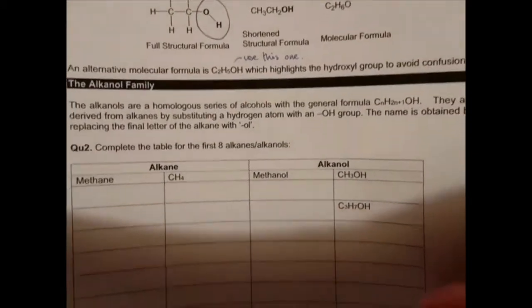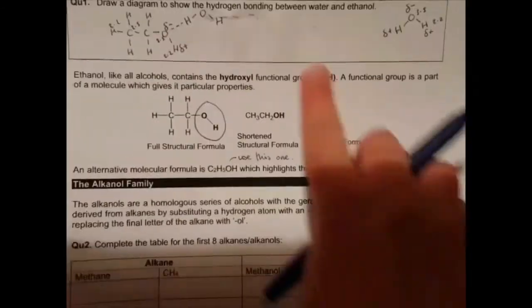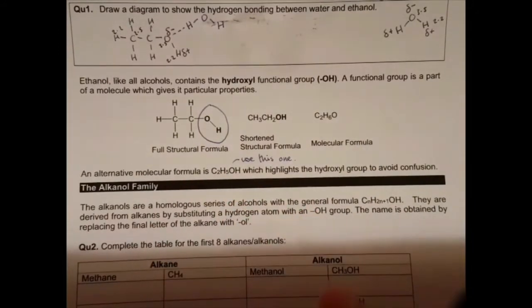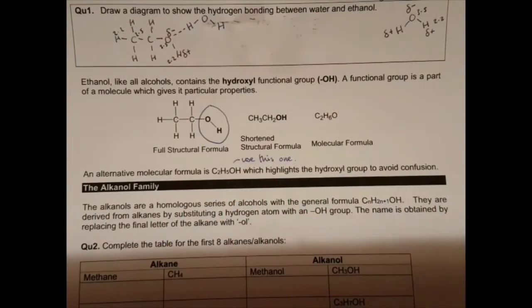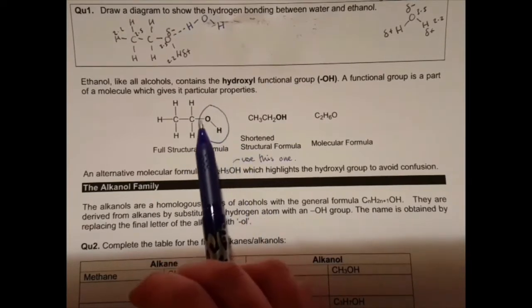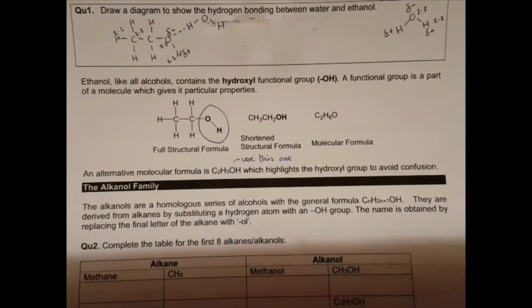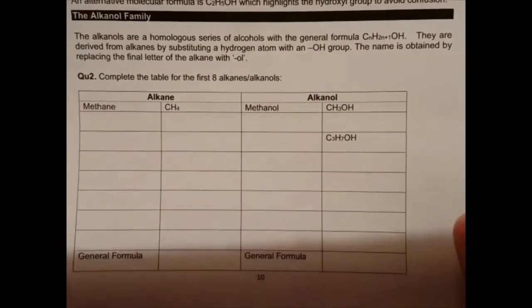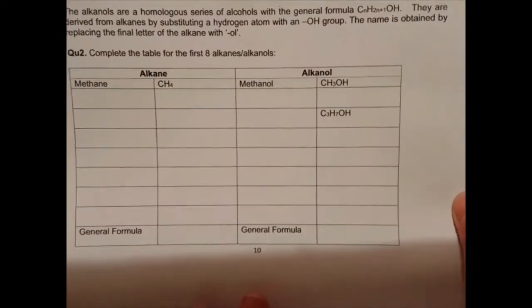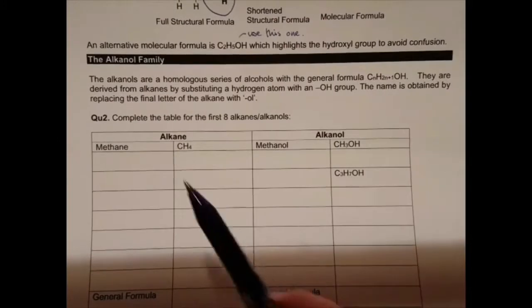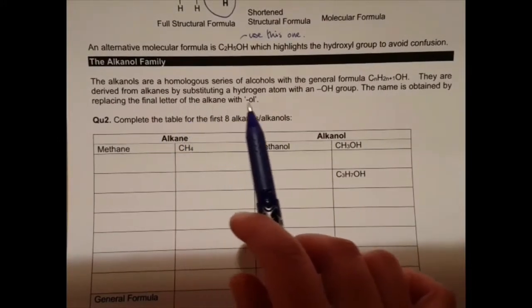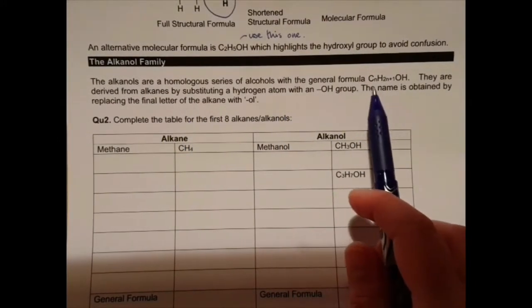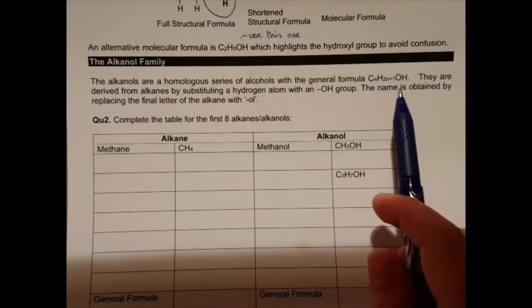Okay, so the next section of the notes, this first part is talking about common alcohols. In general, alcohols are quite a broad class of compounds in chemistry, and any substance which contains this OH, the hydroxyl functional group, could technically be classed as an alcohol. But if we're wanting to stick with slightly simpler structures, then we can look at something called the alkanol family. So the alkanols are a homologous series of alcohols with the general formula CnH2n+1OH.